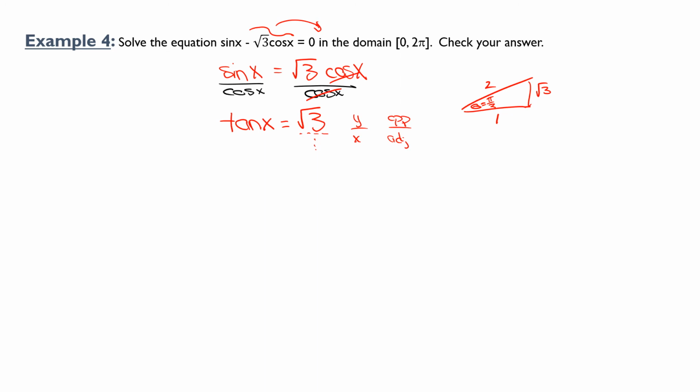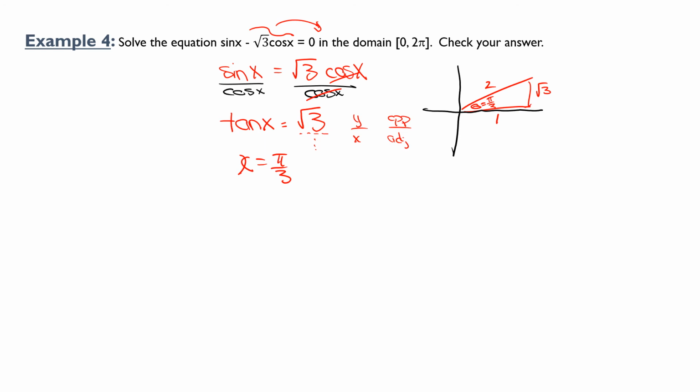Our question here says tan is positive. There's a plus sign there in front of it that you can't see. So we can use that answer of pi over 3. That's going to be one of our answers. We get x equals pi over 3. Now, where else can we put that? Let's throw x and y axes here. Where else is tan positive? What other quadrant is tan positive in?